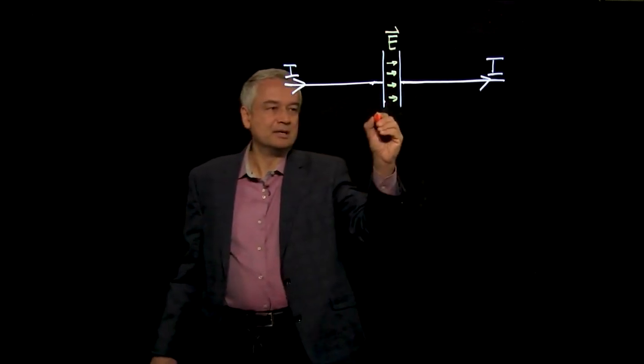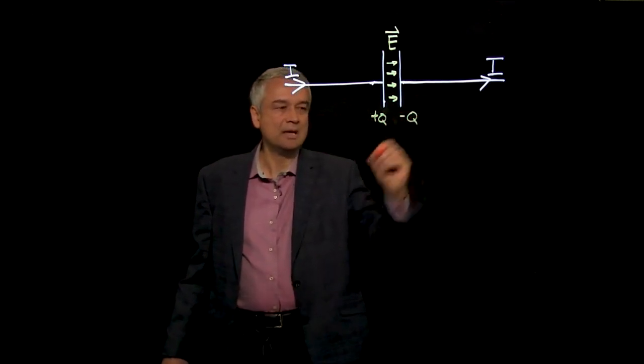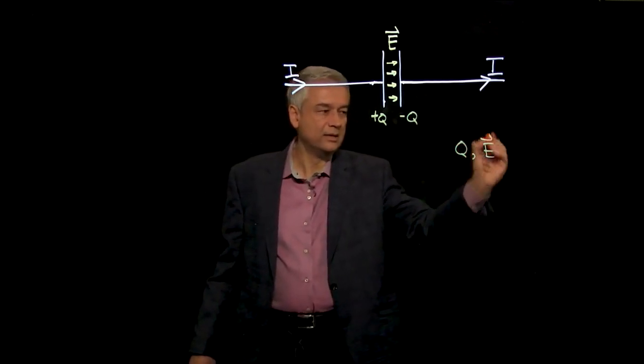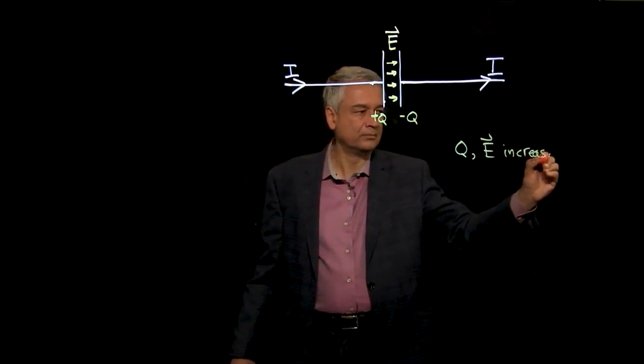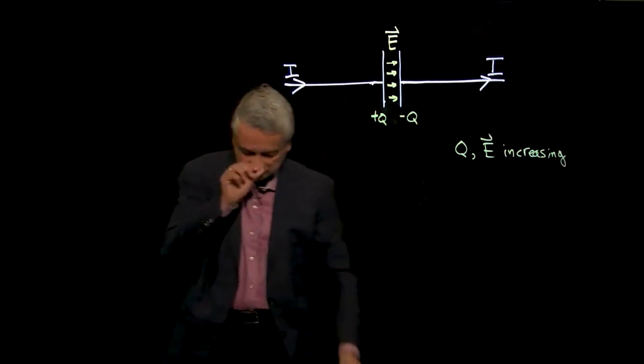We know that there is a charge plus Q on here, and there's a charge minus Q on here. And we know that Q and E are increasing with time. We're charging up this capacitor.